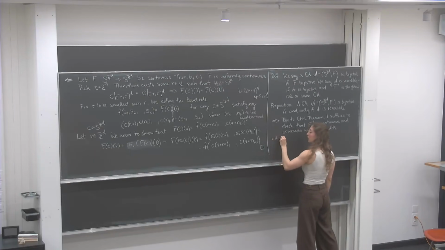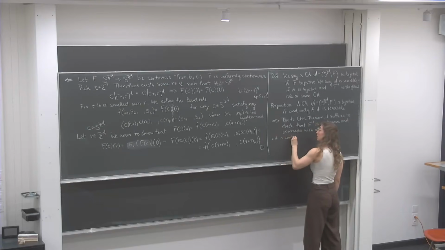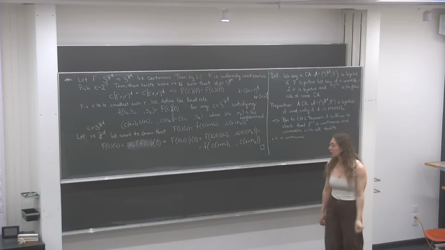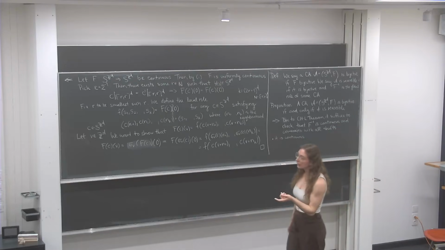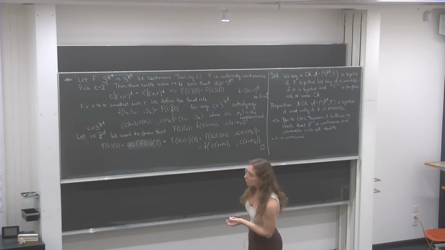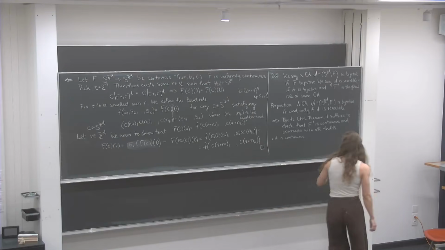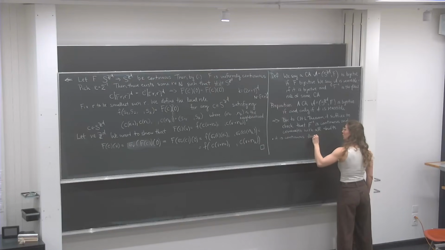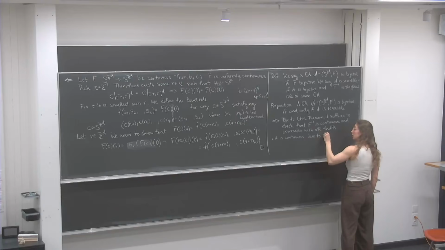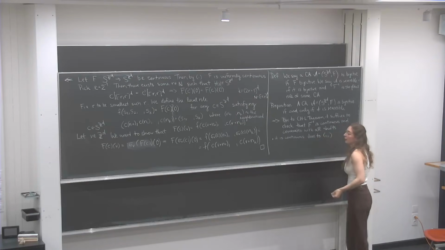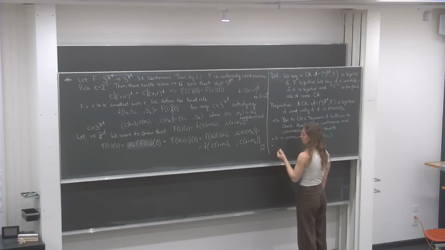So it is continuous because we are again in a compact metric space. So it's due to, I guess, point 3. And so let's verify that it commutes with shifts.